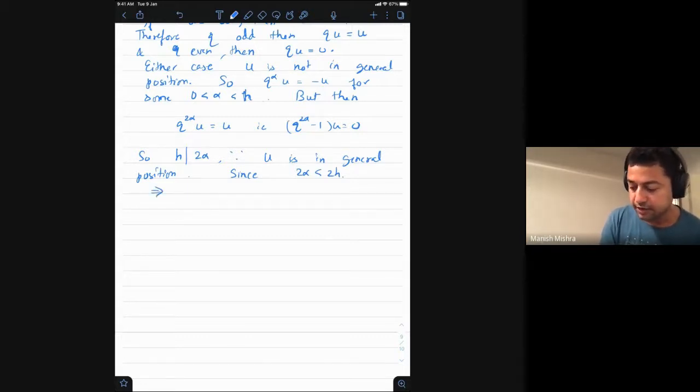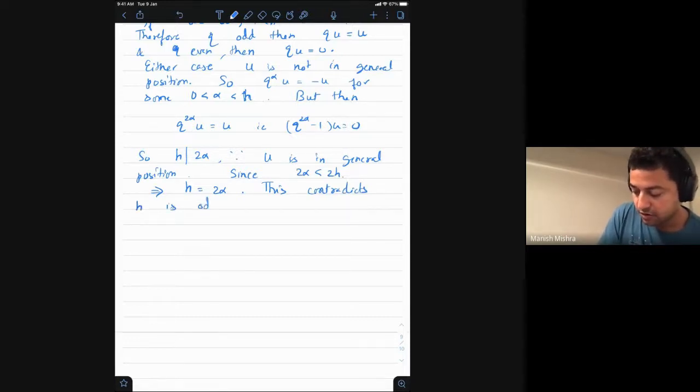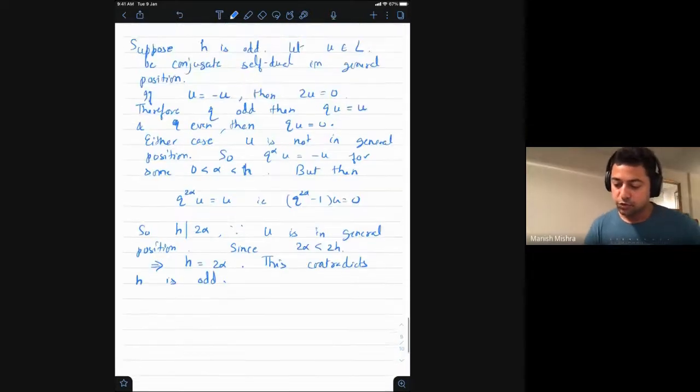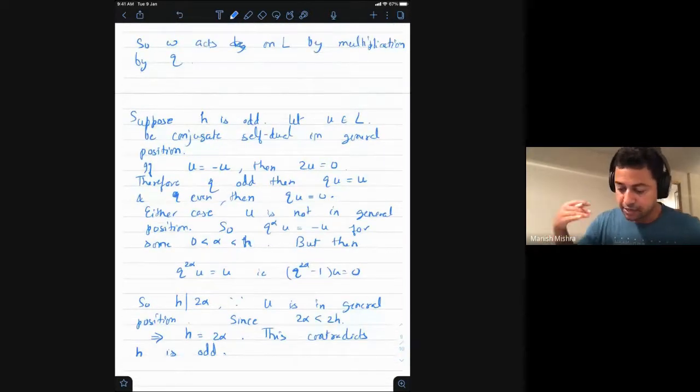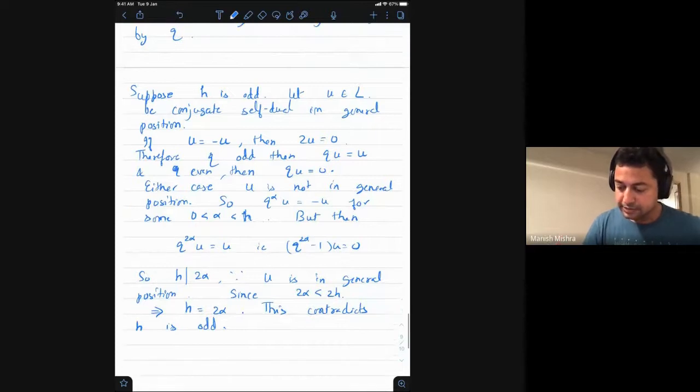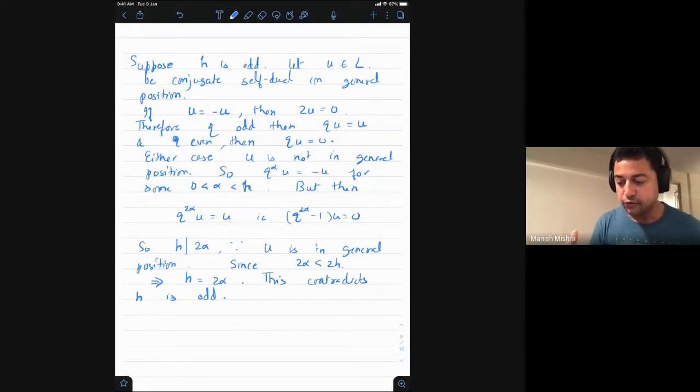So this means that h is equal to 2 alpha. The only multiple of h which is less than 2h is h itself. So h is 2 alpha, but this contradicts that h is odd. So in this paragraph, we have proved that if the Coxeter number is odd, then there cannot be a conjugate self-dual character in general position.